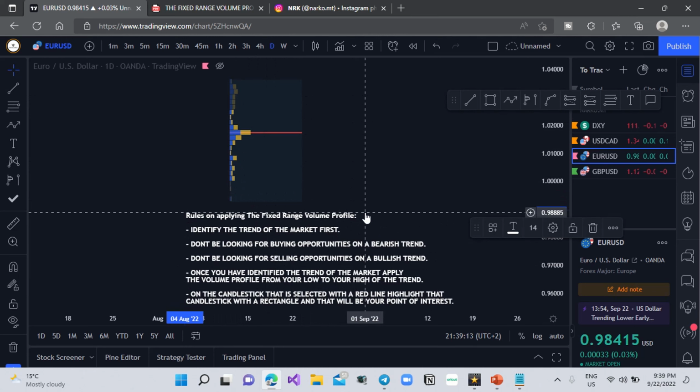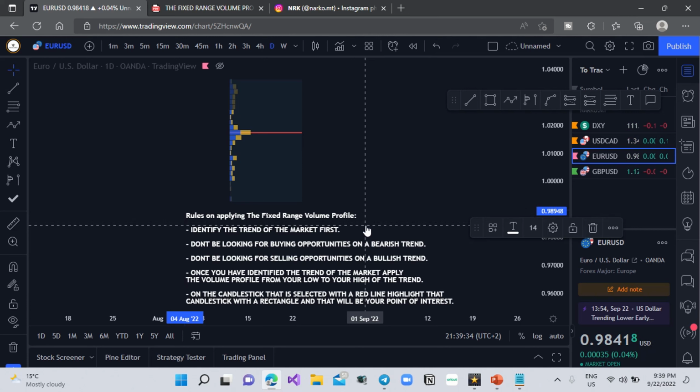Okay, now the rules on applying the volume profile, meaning that before you take your trade, use this as a checklist. The first thing you need to do is identify the trend of the market. Then once you have identified the trend, apply the volume profile from the low to the high of the trend, or vice versa, from your high to your low of the trend.